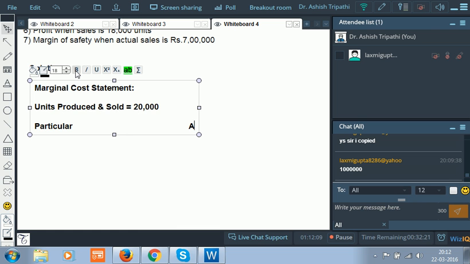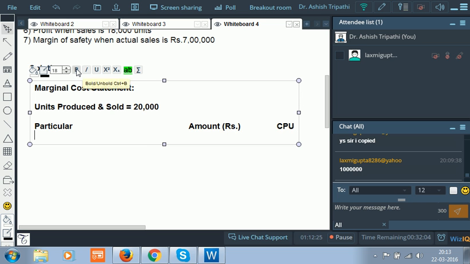Particulars, then we will prepare amount in rupees as one column, and CPU, cost per unit, one column. So this is how we are going to prepare three columns: particulars, amount in rupees, and CPU column.